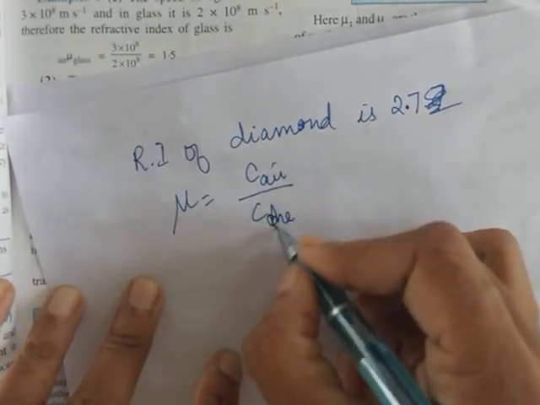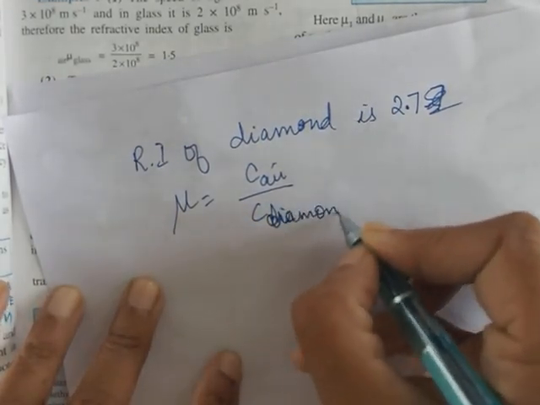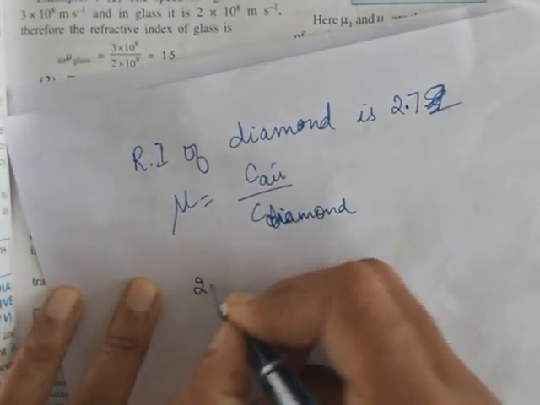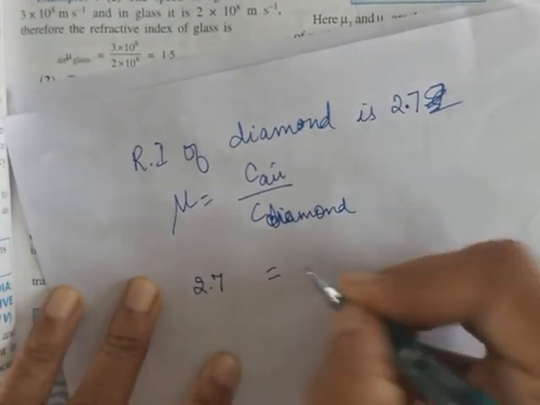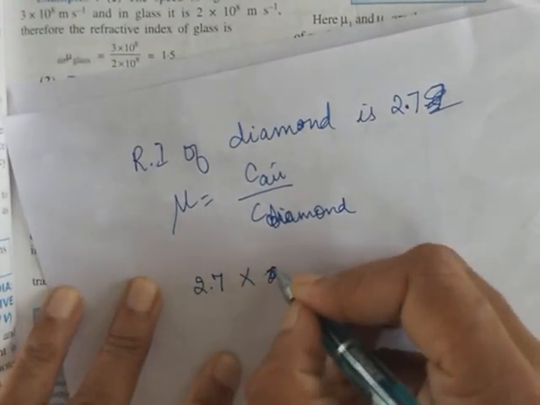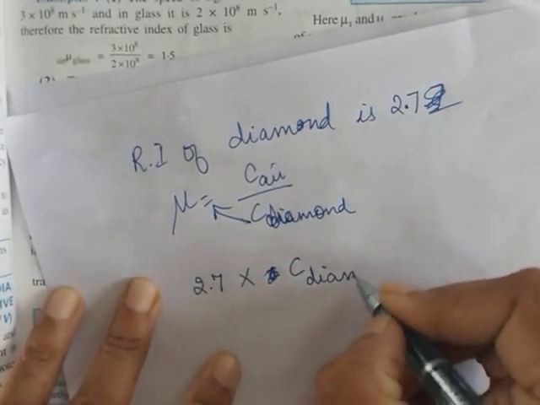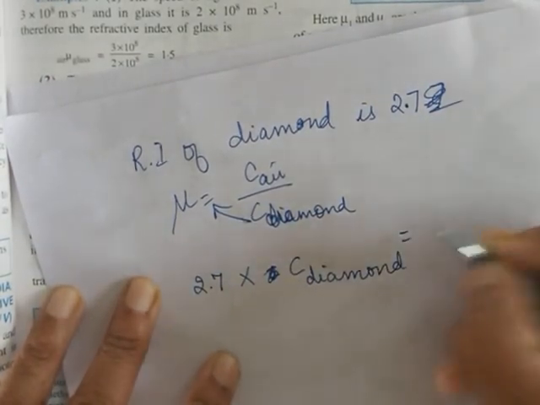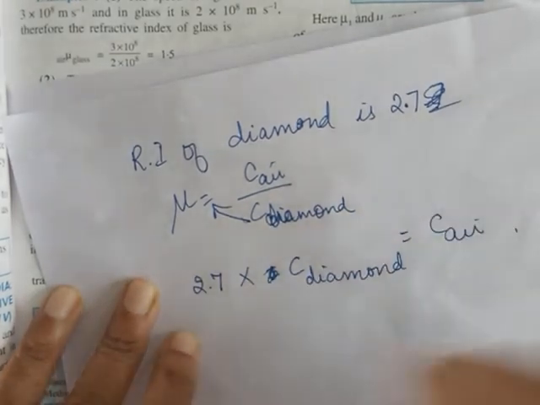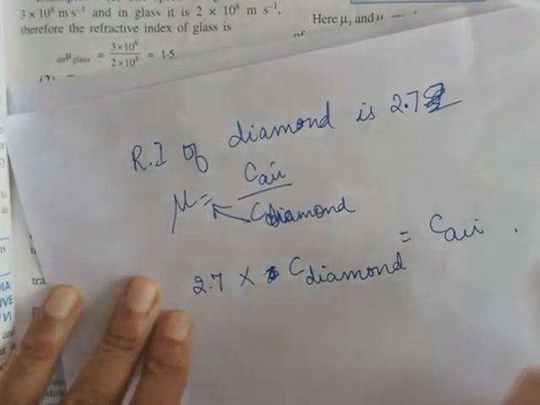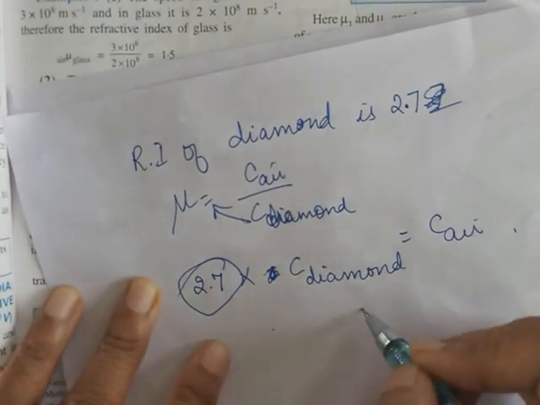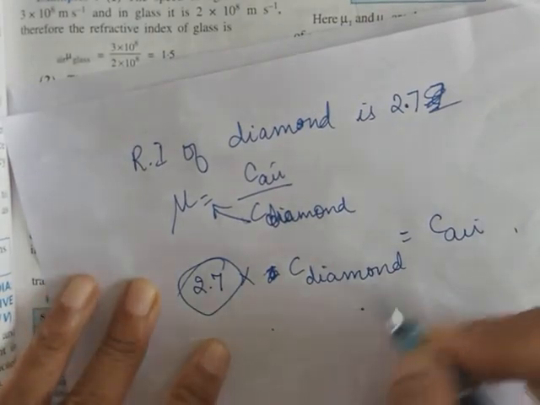Here the medium is diamond. So this is given as 2.7. I can bring this to the numerator, so I can say speed of light in air will be 2.7 times speed of light in diamond.